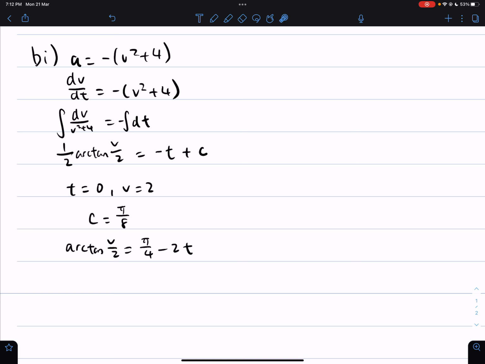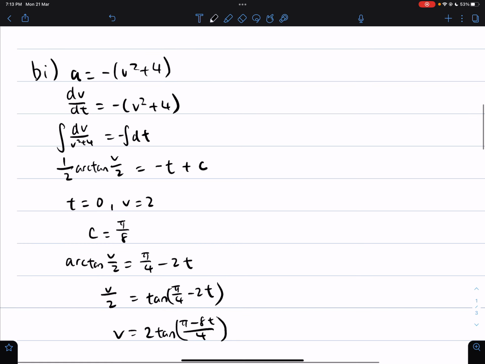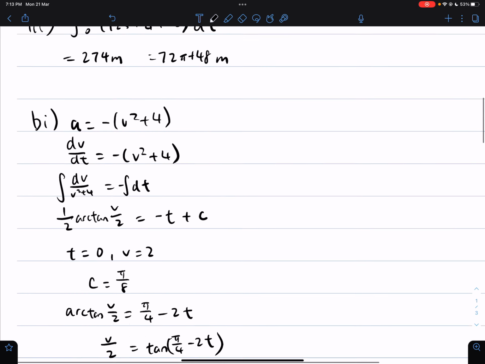So first we tan both sides, which gives v over 2 equals tan of pi over 4 minus 2t, and then v equals 2 tan of (pi minus 8t) over 4. So this will be the answer for B1, and this is the equation for velocity.